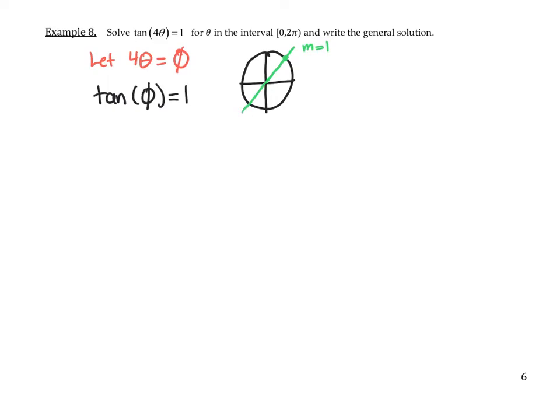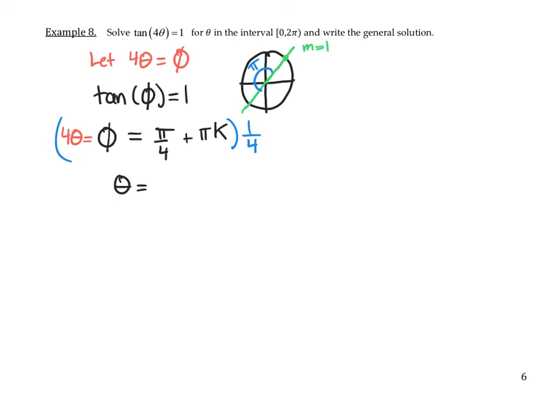But again, those are separated by a nice half rotation of pi, so we could write our general solution in terms of phi as just pi over 4 plus pi k. Now we back substitute, and we say 4 theta equals that, and when we solve for theta, we are going to multiply both sides by 1/4.